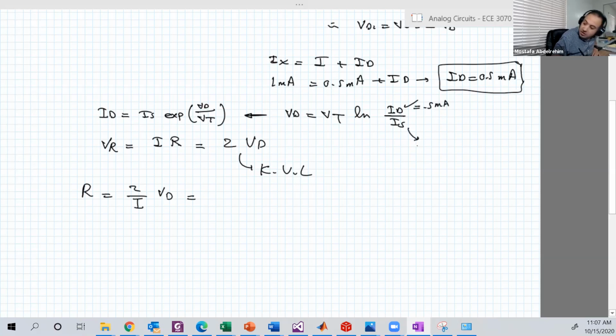This guy is 5 times 10 to the power minus 16 amperes. So you should convert this to amperes or convert this to milliamperes. And VT is 26 millivolts or 0.026 volts. Then you can determine VD. If you do this, VD is 0.7184.